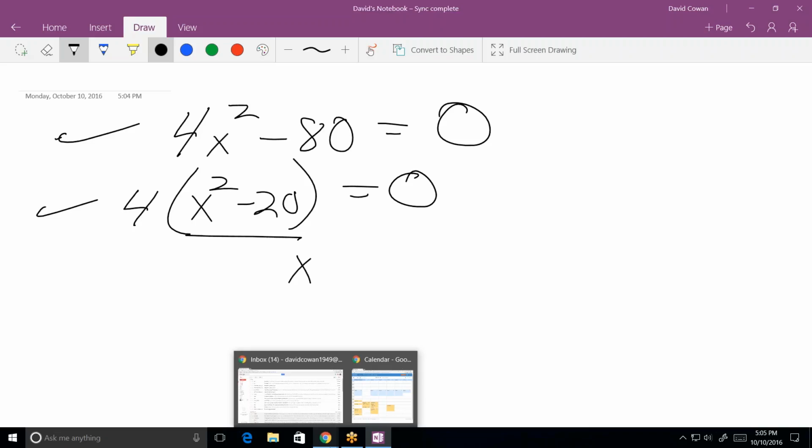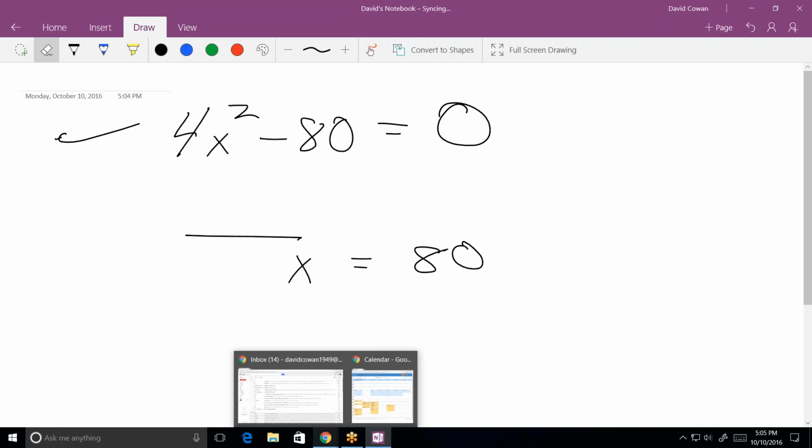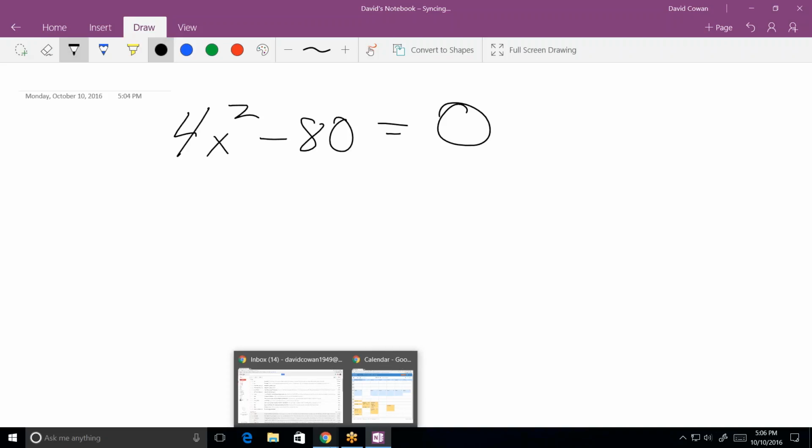Now I got x squared equals 20. Well, I could get there another way, and that is because I have a quadratic that only has the squared term and doesn't have an x term, then I can immediately move that 80 over, divide both sides by 4, and so I get to the same spot.